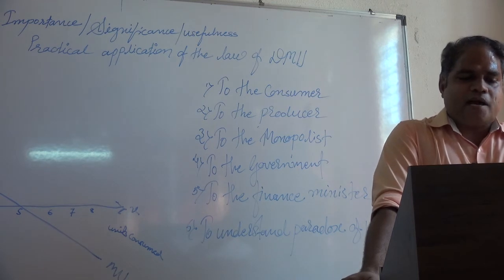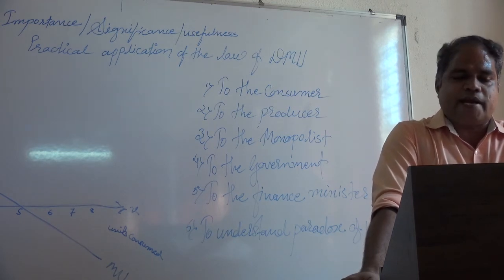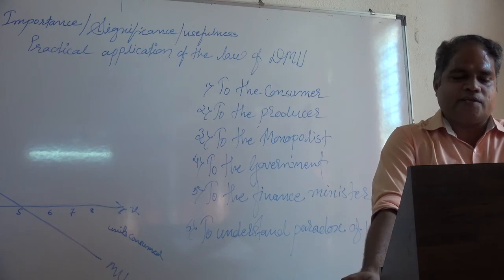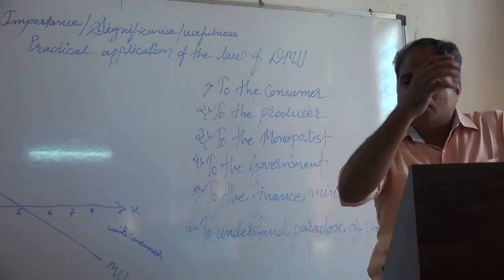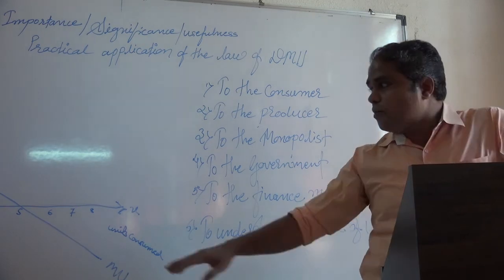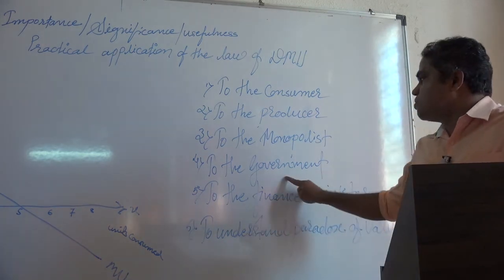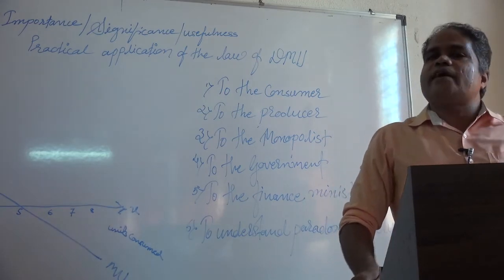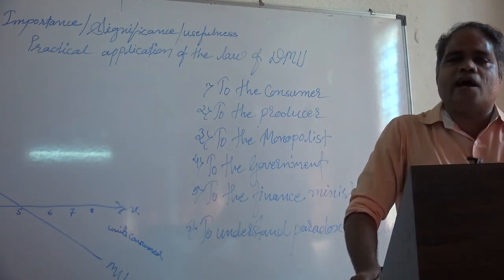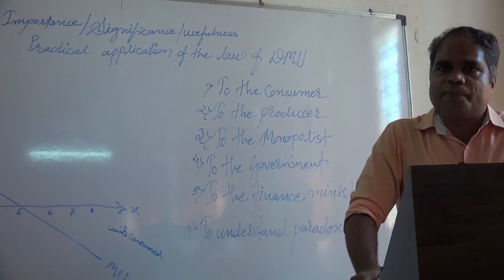Welfare measures can be such as food subsidy to the poor people, free education, free health services, and so on. So the explanation of the law of diminishing marginal utility also helps the government to implement various economic policies such as free food, free education, free health services, and so on.